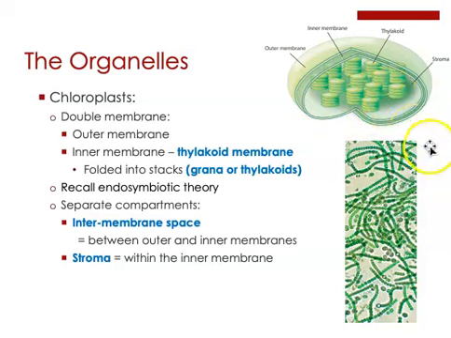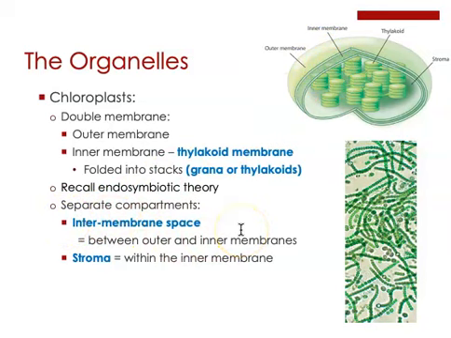Now, just like we saw with the mitochondria, the chloroplast also has compartments within it that we need to be familiar with because different processes are going to occur in each different compartment. So the space between the outer chloroplast membrane and the thylakoid membrane, the space in between the two, is referred to, again, as the intermembrane space.